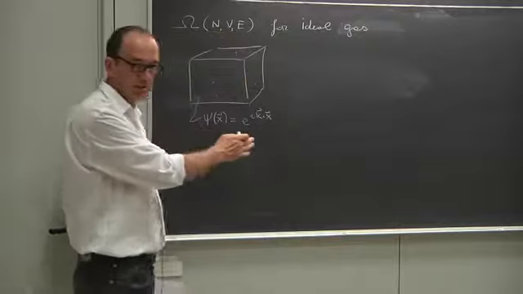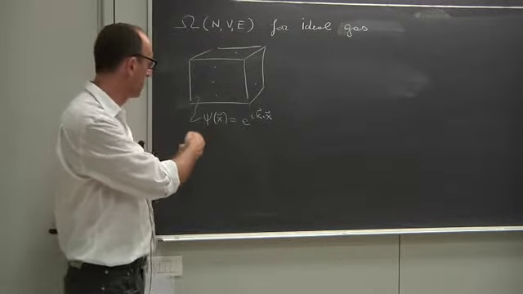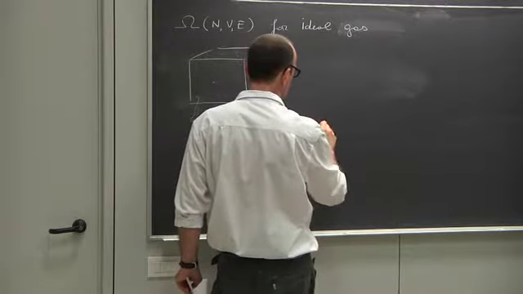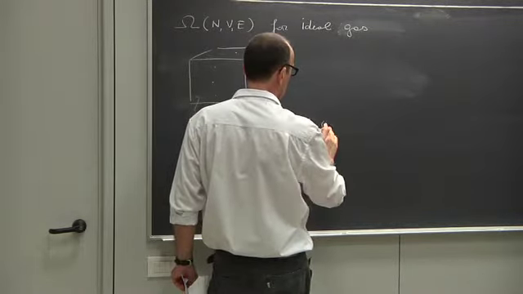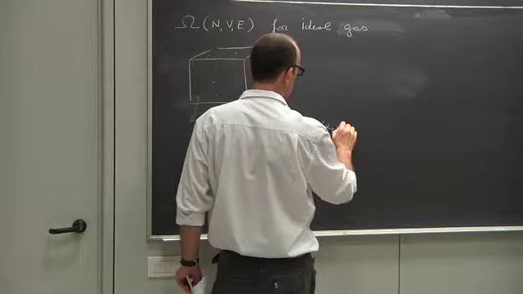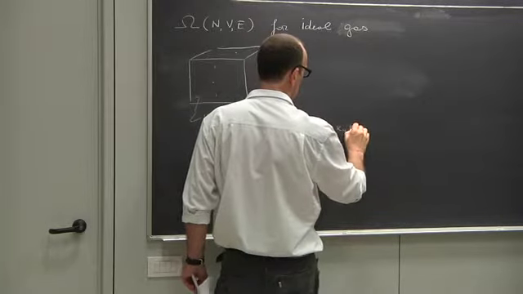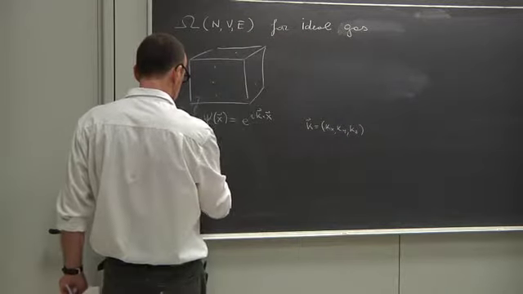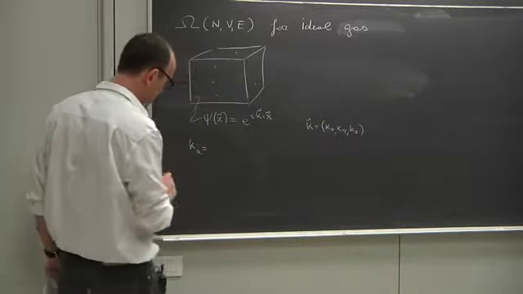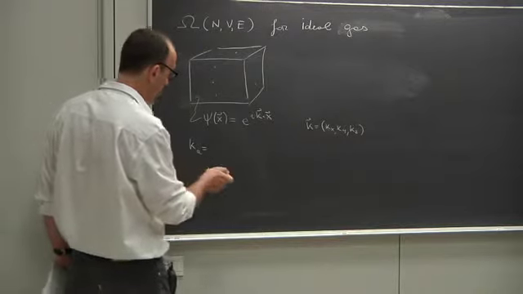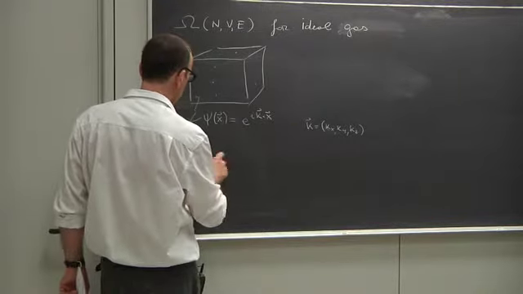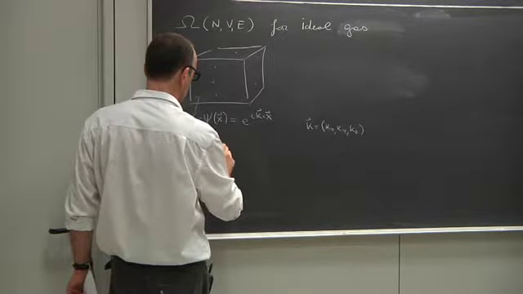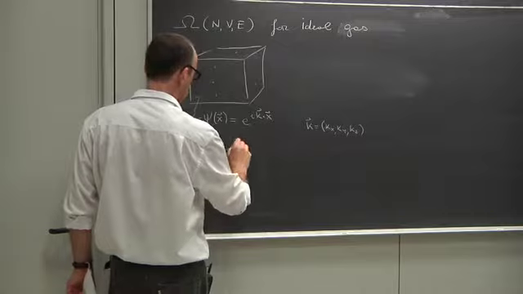I have to impose boundary conditions on this problem, and then k is going to be a three-dimensional vector, and each of the coordinates must be of the form 2 pi over L times an integer.